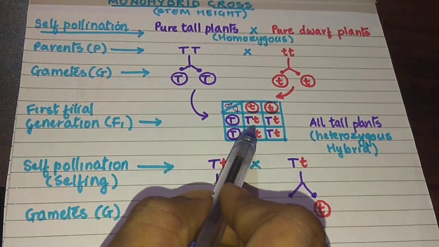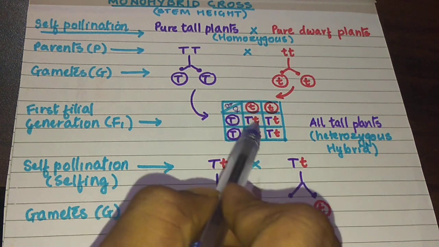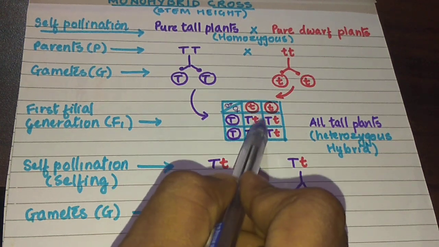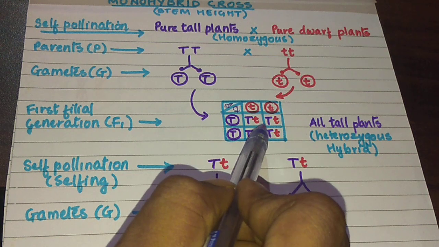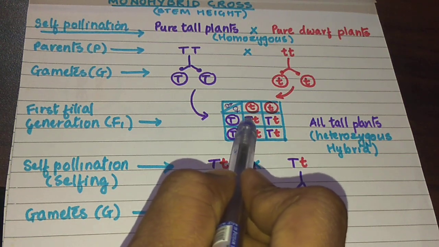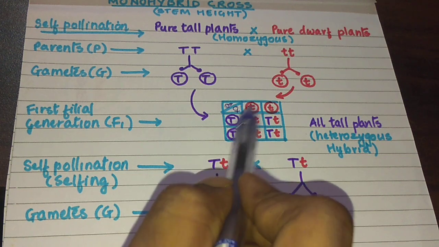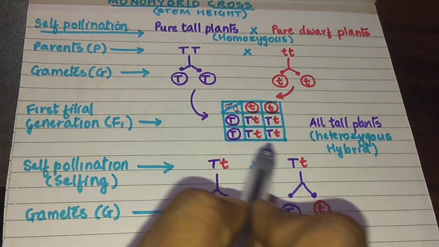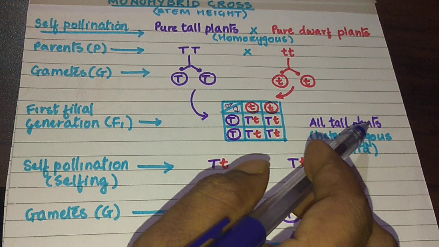We should remember that capital T is meant for dominance, whereas small t is meant for recessiveness. So even in the presence of small t, the dominant allele or dominant gene will be expressed. Therefore in the F1 generation we will get all tall plants.